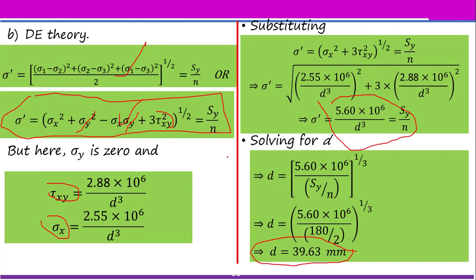Here again, remember that the sizes that we calculate using DE theory are always less than the size that we calculate using the maximum shear stress theory. In this case, the diameter of the shaft is found to be 39.63, which is less than the value that we have calculated using MSS.